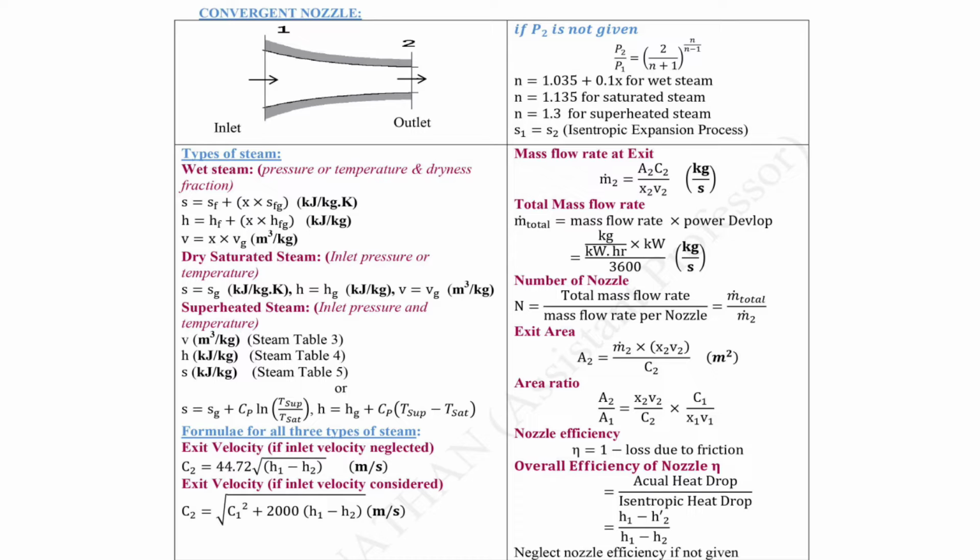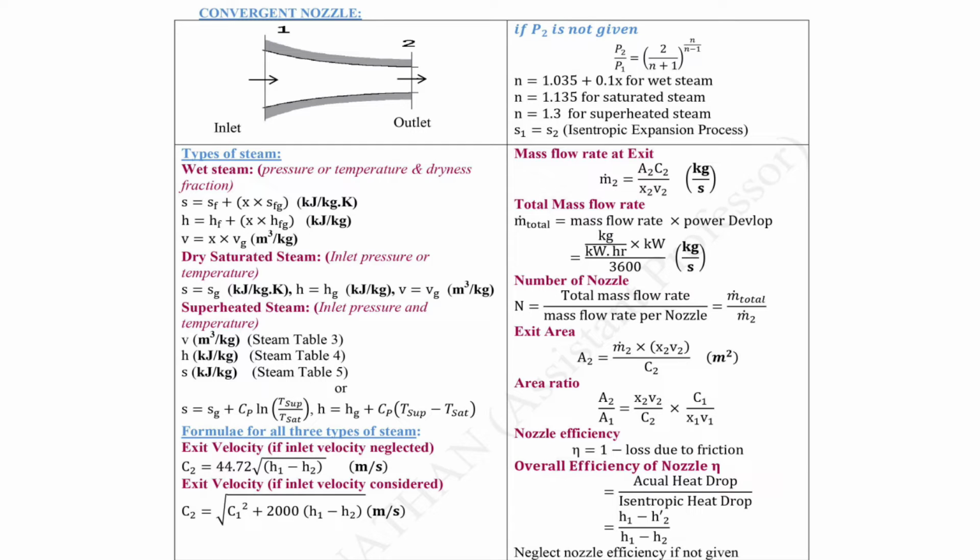Formula for all three types of steam: exit velocity if inlet velocity neglected, C2 is equal to 44.72 square root of H1 minus H2. Exit velocity if inlet velocity considered, C2 is equal to square root of C1 square plus 2000 multiplied with H1 minus H2. This unit will be meter per second.